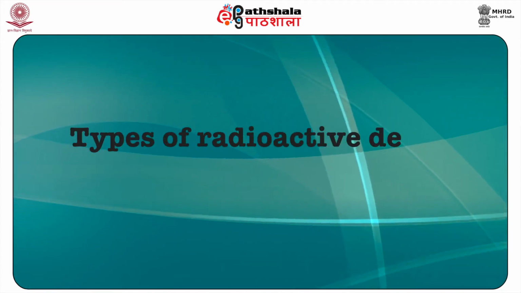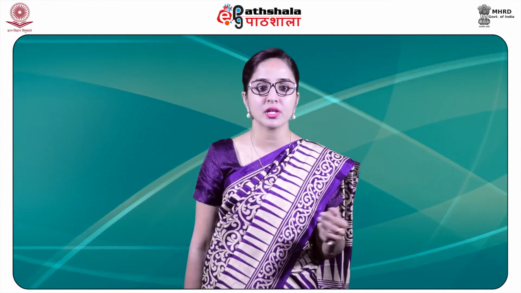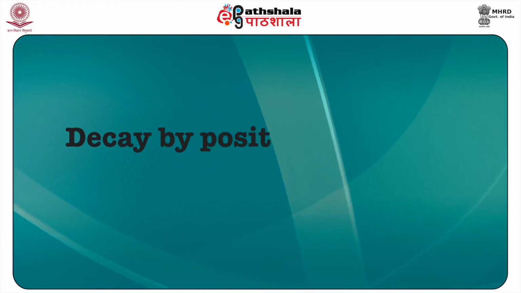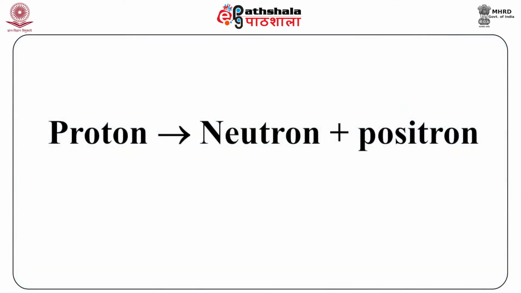What are the different types of radioactive decay known to us? Now let us talk about that. The different types of radioactive decay relevant from the biochemical point of view begin with decay by positron emission. This type of decay occurs when a proton is converted into a neutron with the emission of positively charged beta particles called positrons.